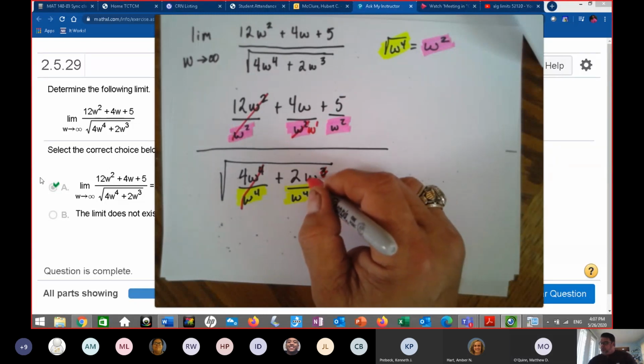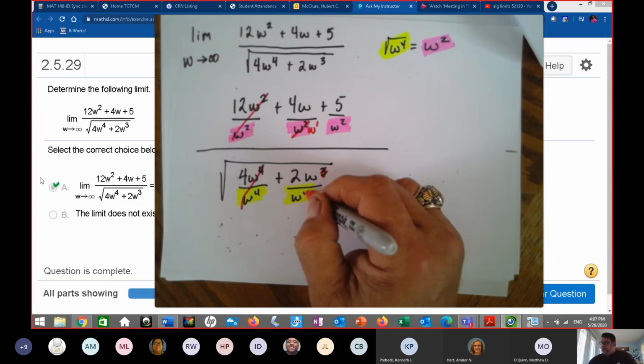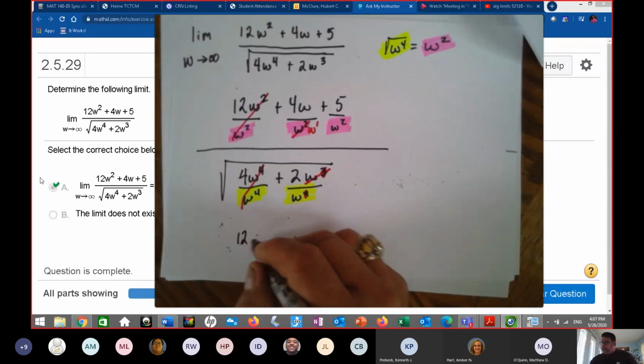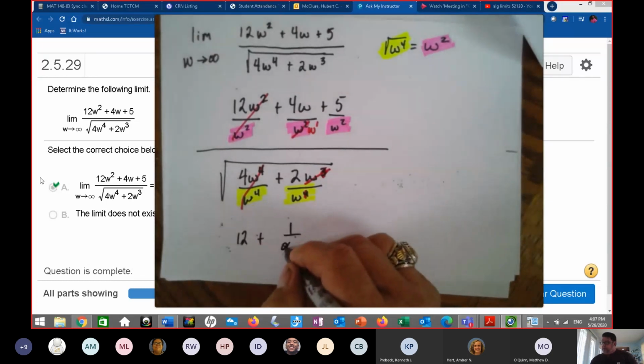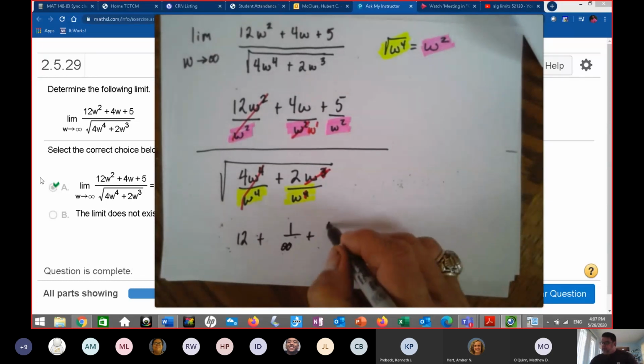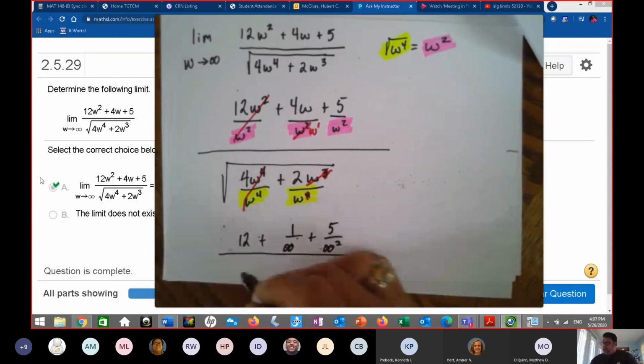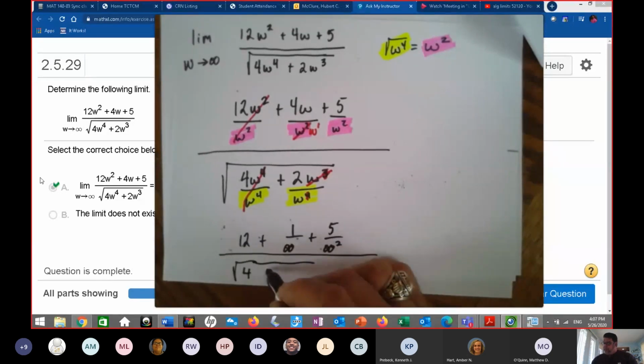That'd be 2 over W. There we go, right? So that's going to be 12 plus 1 over infinity plus 5 over infinity squared over the square root of 4 plus 2 over infinity.